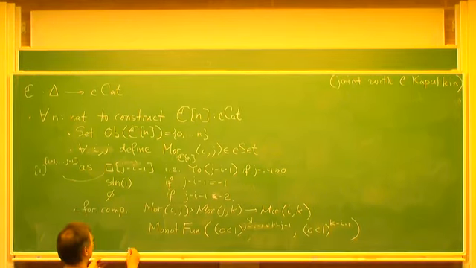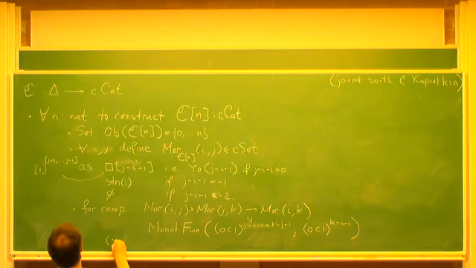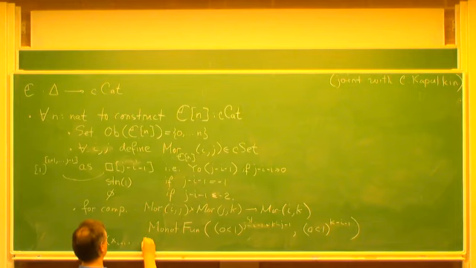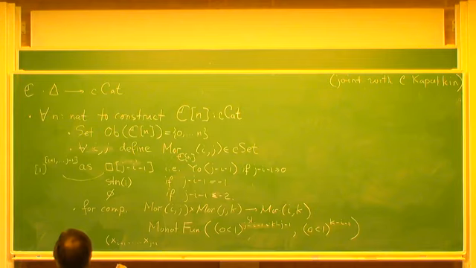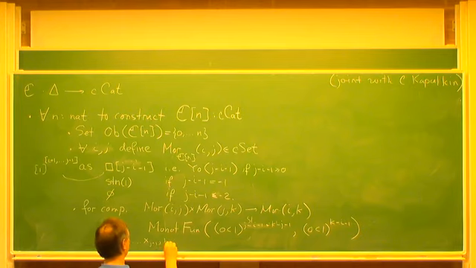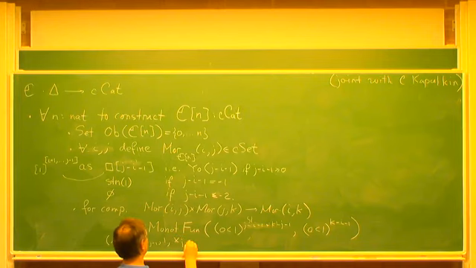And what I'm going to do is to take x i plus 1, x j minus 1, x j plus 1, x j minus 1.